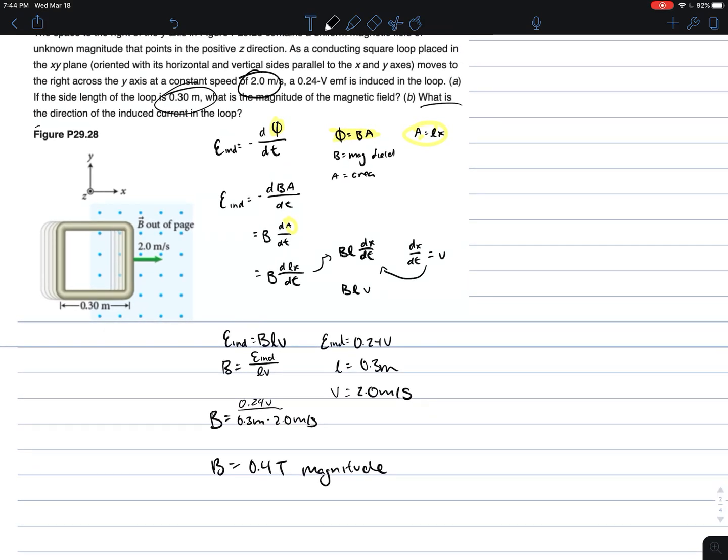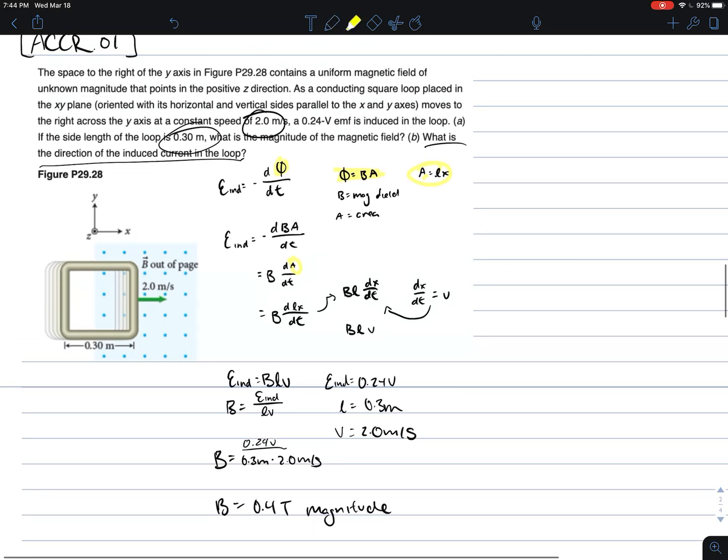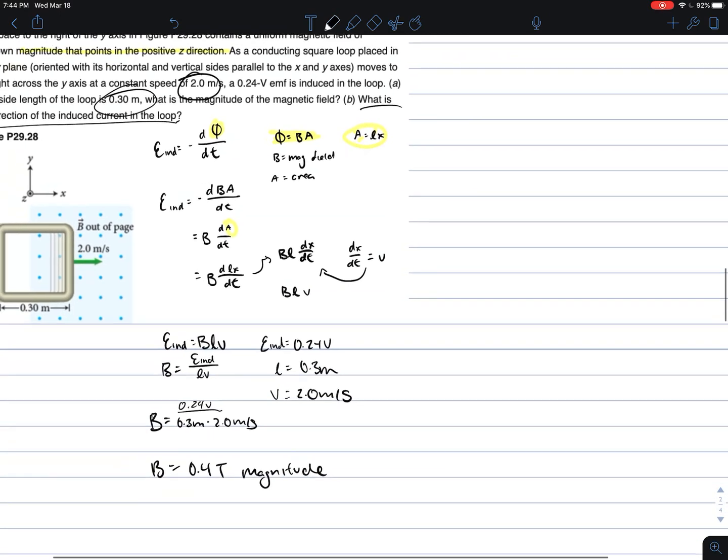So now we need to figure out what is the direction of the induced current. Since we know that the magnetic field is in the positive z direction, I believe it says it right here: unknown magnetic field that points in the positive z direction.